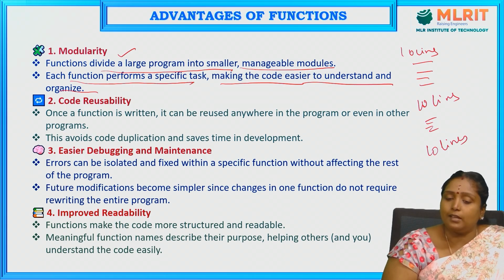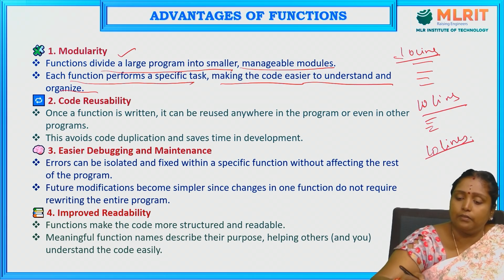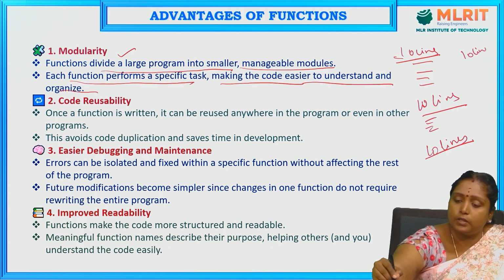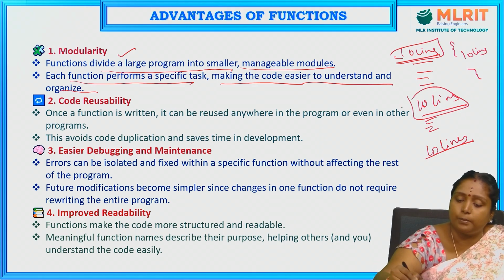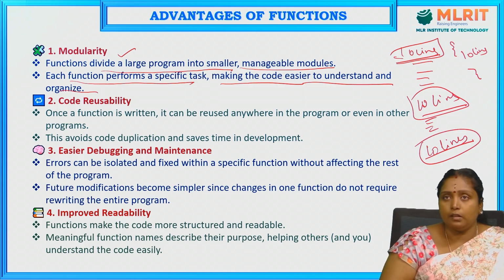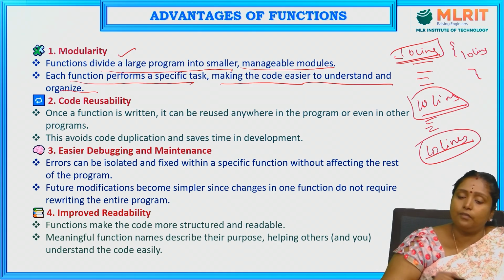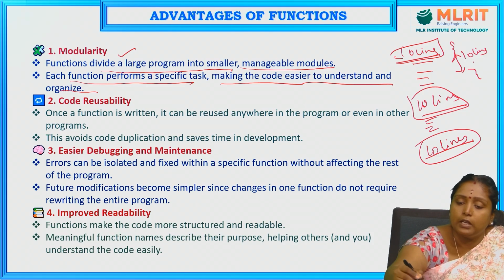In such cases, instead of writing 10 plus 10 plus 10 lines, n times, we write it together in one function. Wherever you need these 10 lines, you simply call it with a single line.